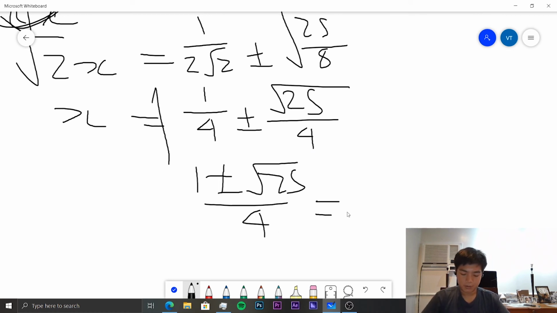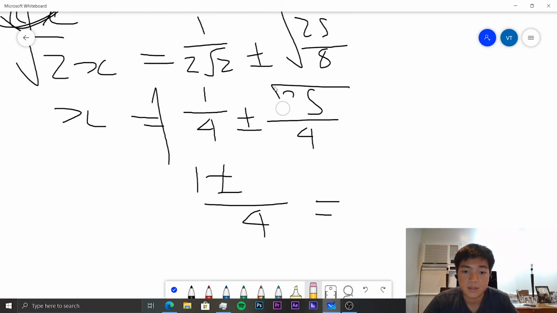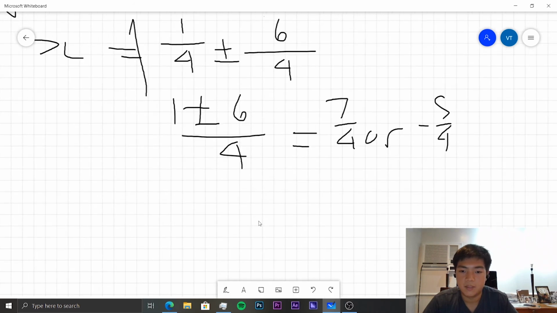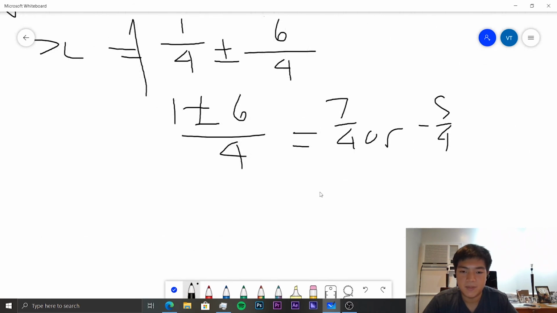Square root of 25 is 5, so this would be 1 plus or minus 5, 6 over 4, or negative 4 over 4.